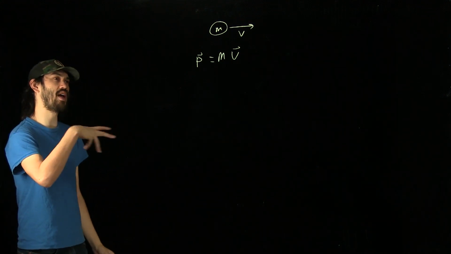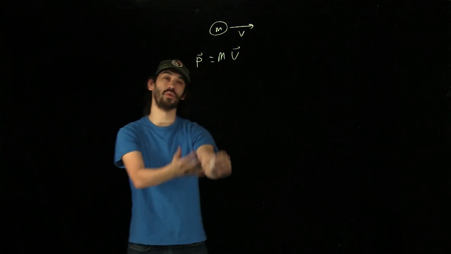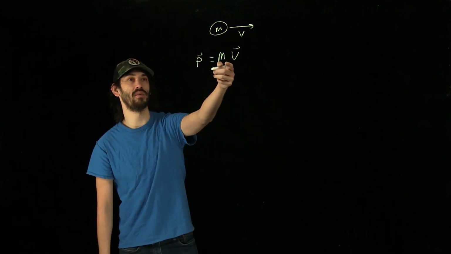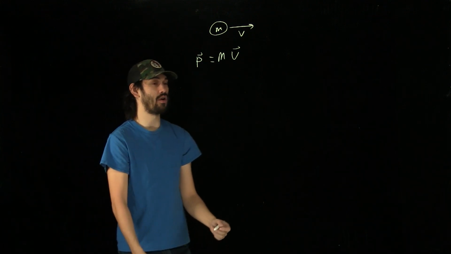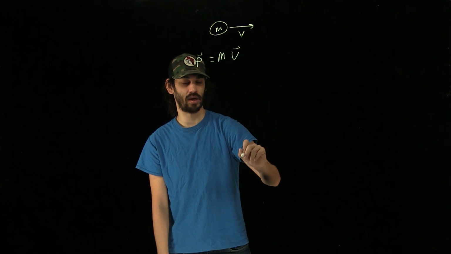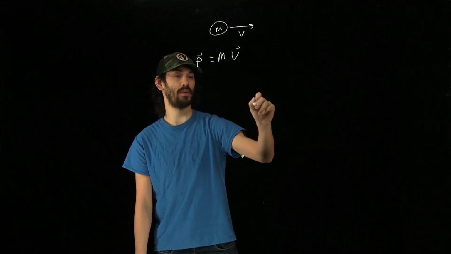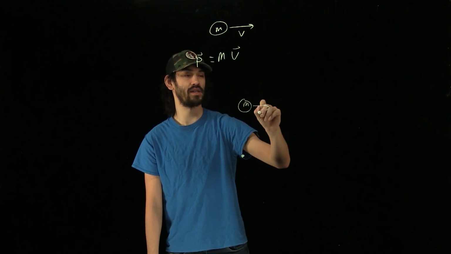Now, angular momentum adds a little piece to this in the sense that in order to calculate the angular momentum of an object, I care about both its momentum and the distance it is from some center of rotation. So if I wanted to talk about the angular momentum of an object, there's some point here, and then the object could be over here, let's say. And again, it could be moving with some mass and velocity.